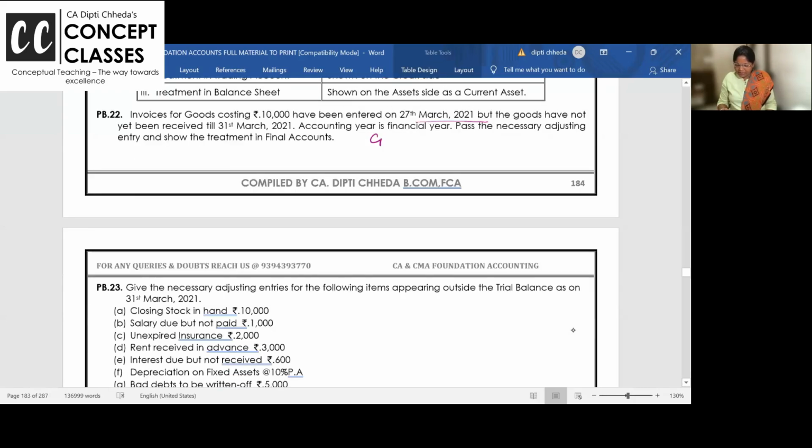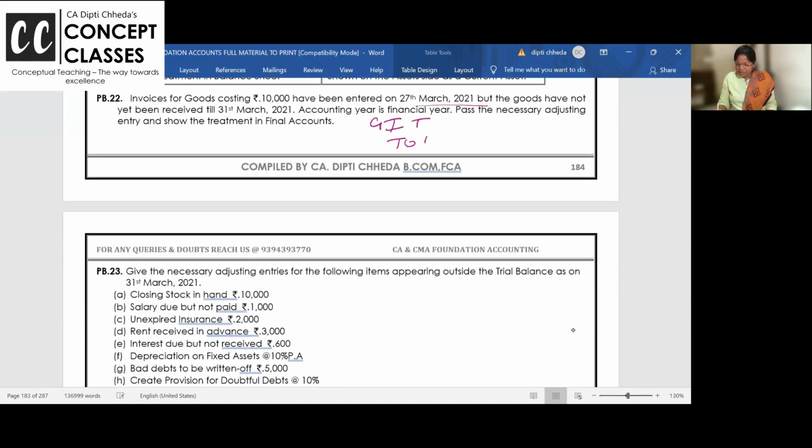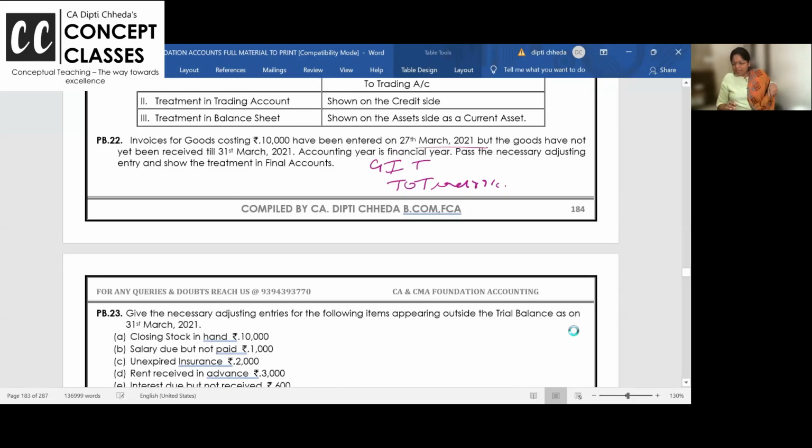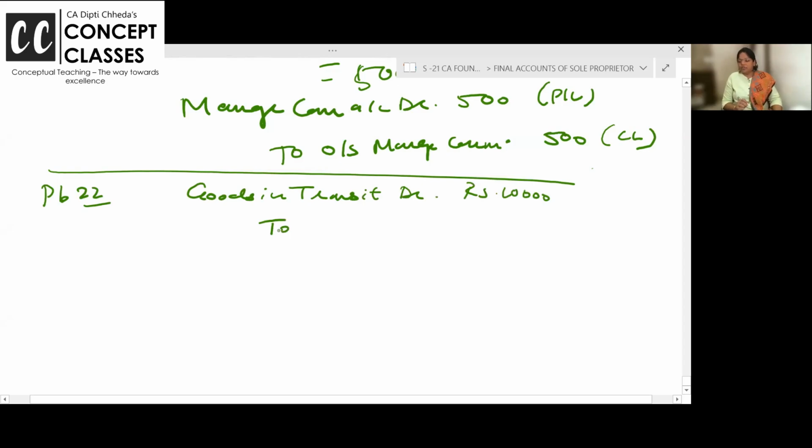तो ट्रेडिंग अकाउंट के क्रेडिट में लिखोगे। देखो 10,000 के गुड्स हैं तो जर्नल एंट्री क्या पास करोगे? गुड्स इन ट्रांसिट को डेबिट करो, ट्रेडिंग अकाउंट को क्रेडिट करो। अभी तक गुड्स मिले नहीं हैं, इन ट्रांसिट में हैं, और this will go in the balance sheet. एक काम करो, नोटबुक में ही लिख लो इसको अच्छे से। Problem number 22 concept ये। Problem number 22: goods in transit debit rupees 10,000 to goods in transit, debit to trading account.